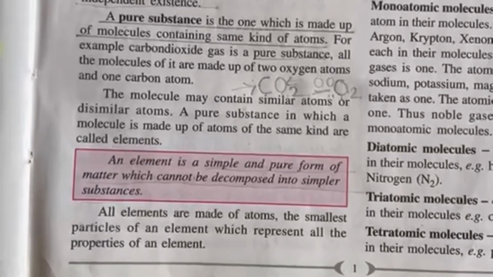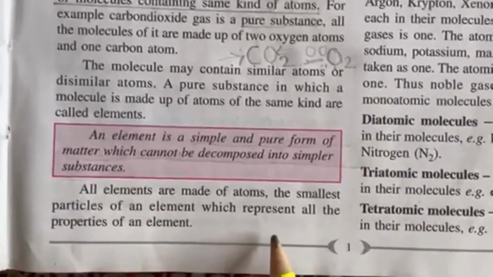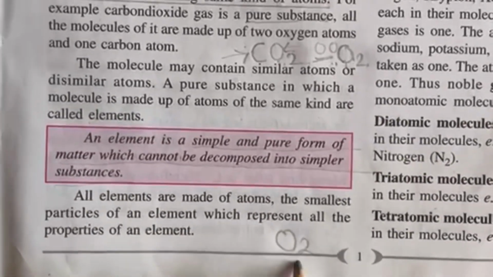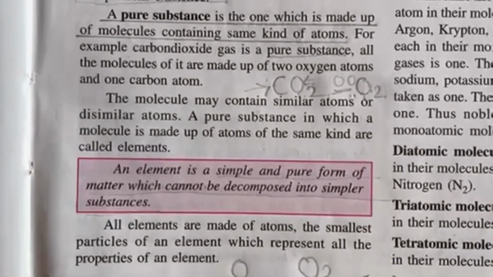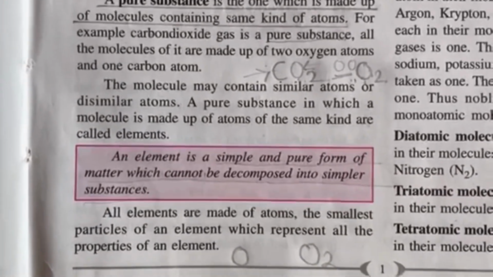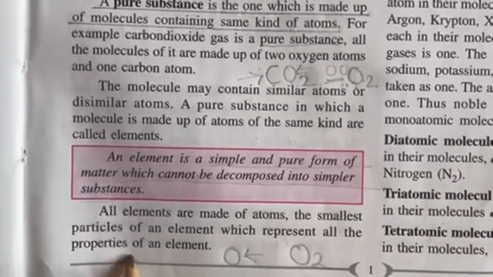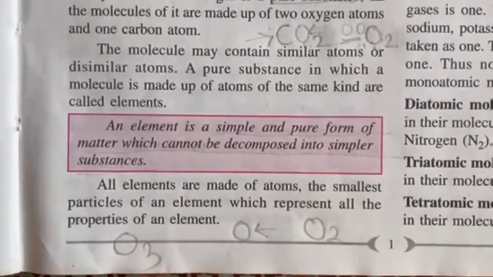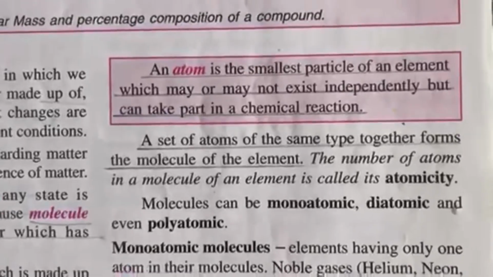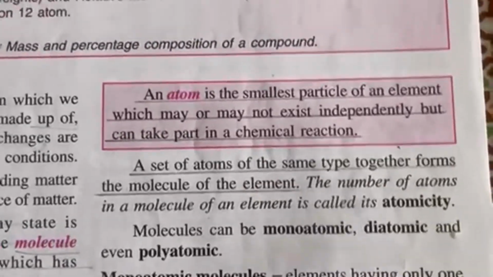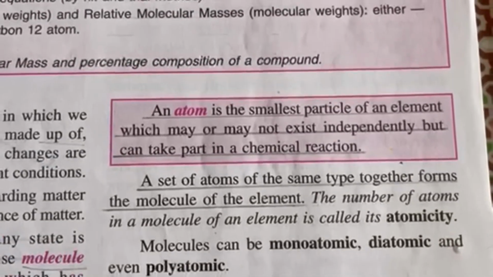The atom is the smallest particle of an element which represents all the properties of an element. So, in oxygen, what is the smallest particle of oxygen? One atom of oxygen. This atom of oxygen will have all the properties of the element oxygen, whether it is oxygen or ozone, O3. So, when we define an atom, kindly underline: an atom is the smallest particle of an element which may or may not exist independently.